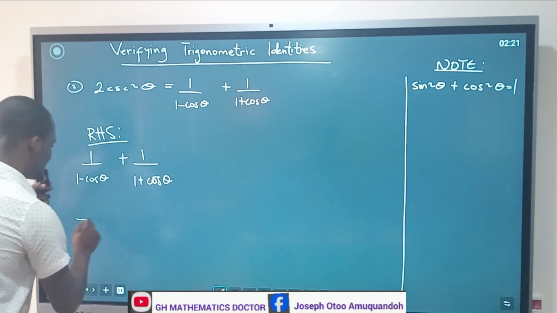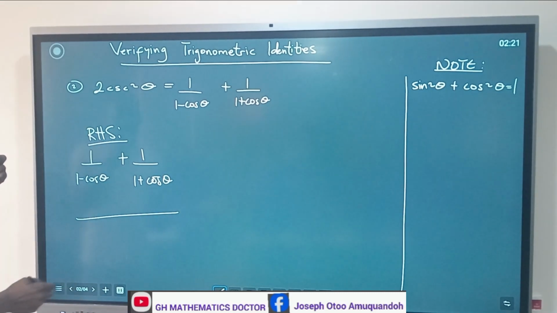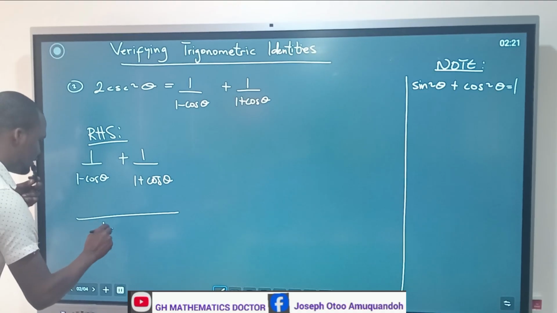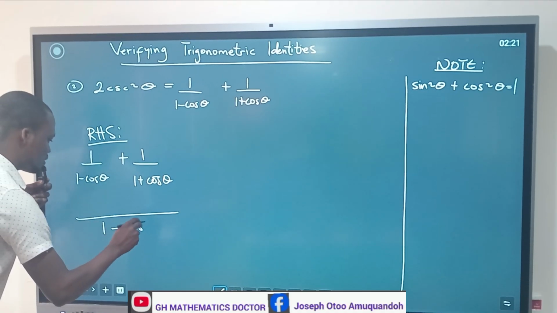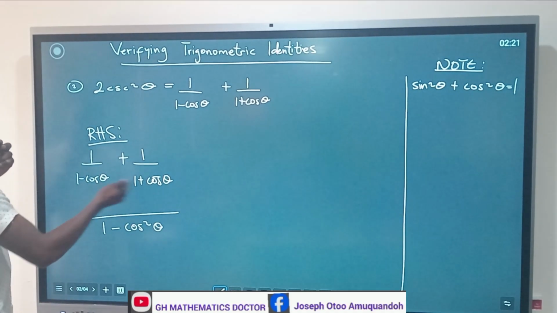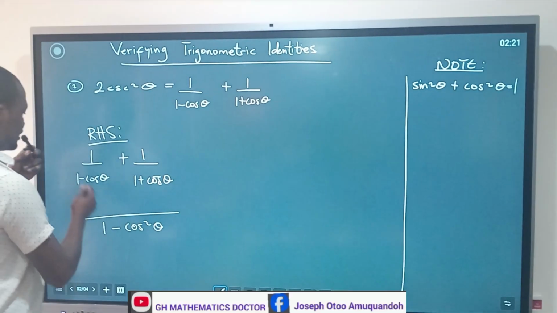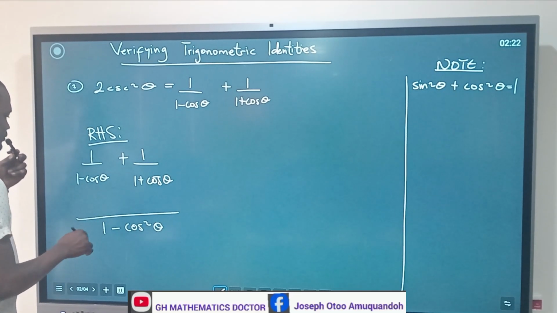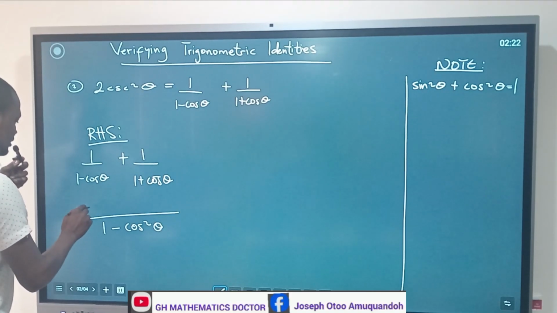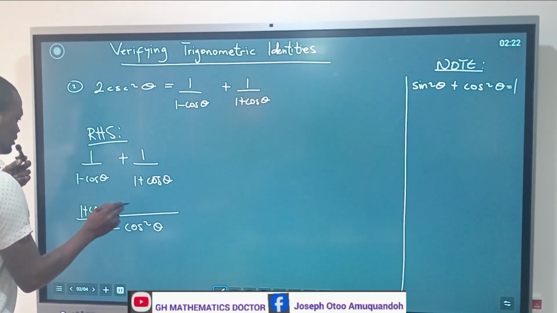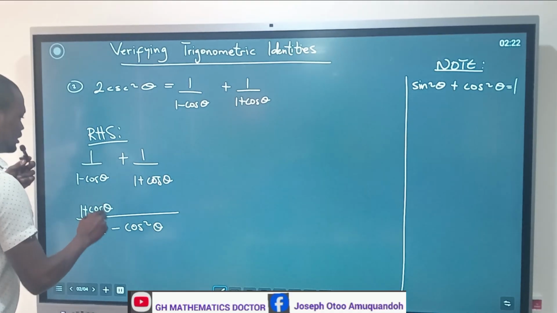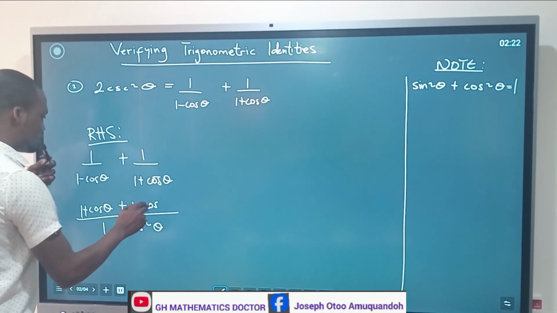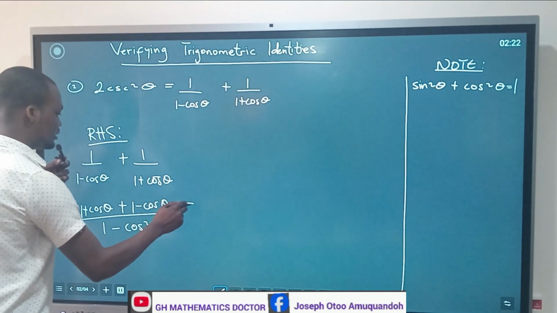We find the LCM, and the LCM is going to be 1 minus cos square theta, because it is in the form of a difference of two squares. Then for the numerators, we are going to get 1 plus cos theta, then we are going to get 1 minus cos theta at the side.